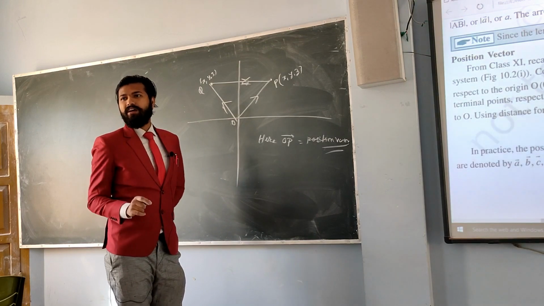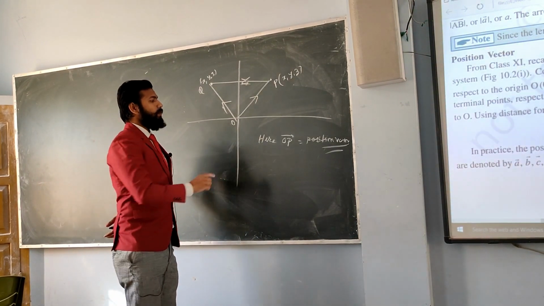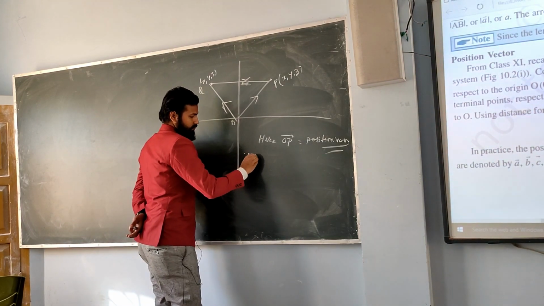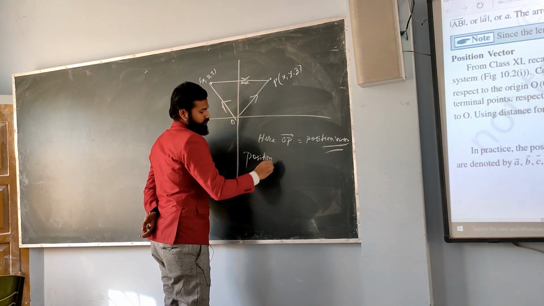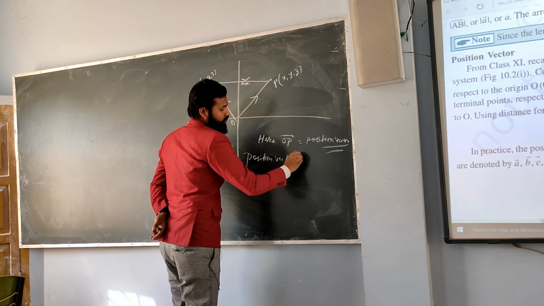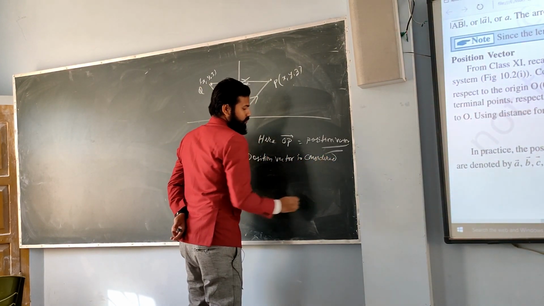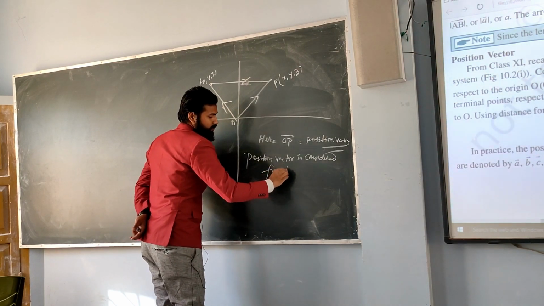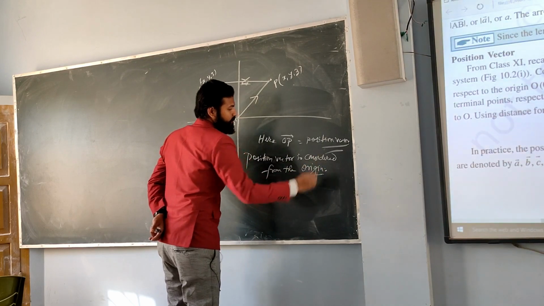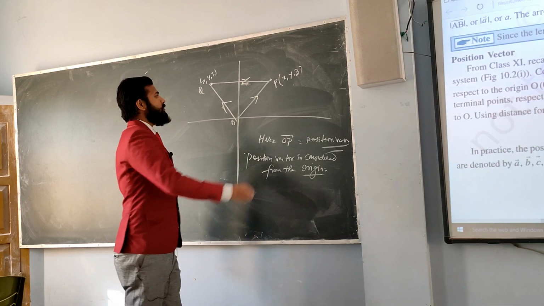Understood? So position vector is always considered from the origin. That's clear, guys. Understood?